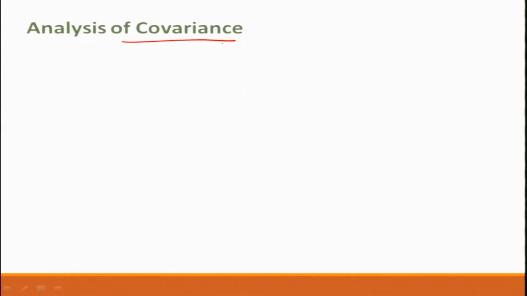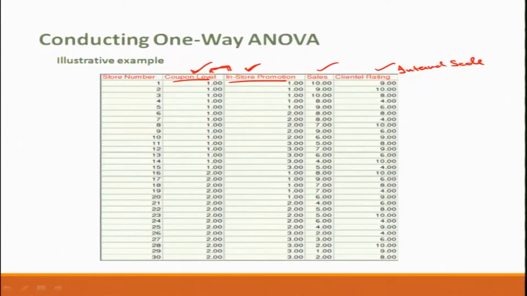In determining how the price level will affect household consumption, it may be essential to take the household size into account. For instance, in this case, if the client has a high clientele rating, the purchasing by this client might be higher, this might affect. So in this case, we will conduct analysis of covariance.